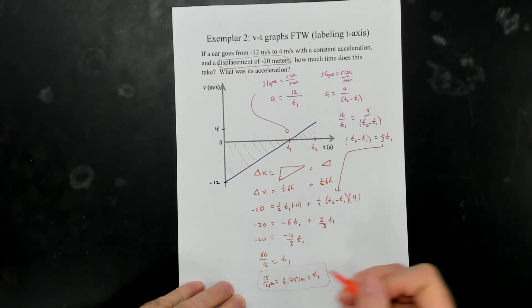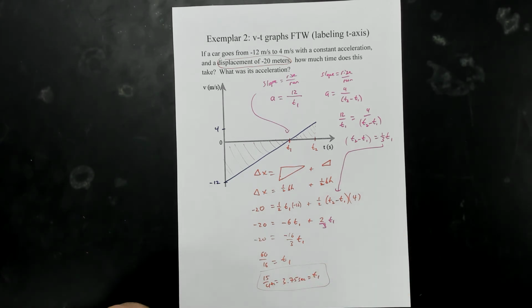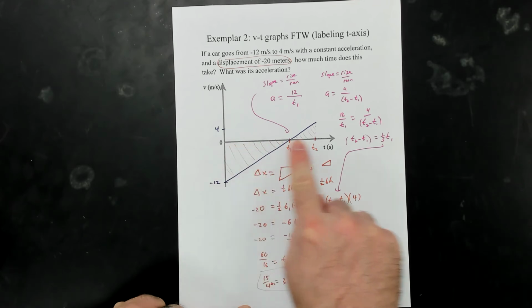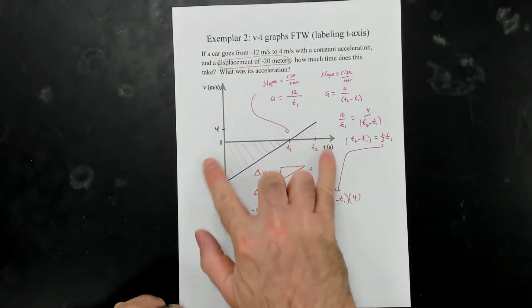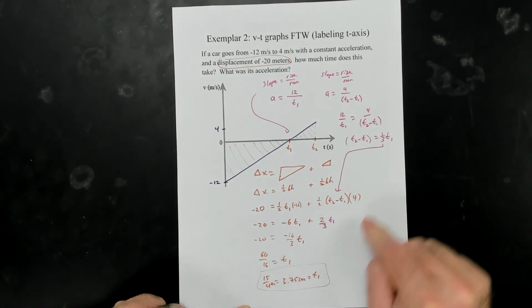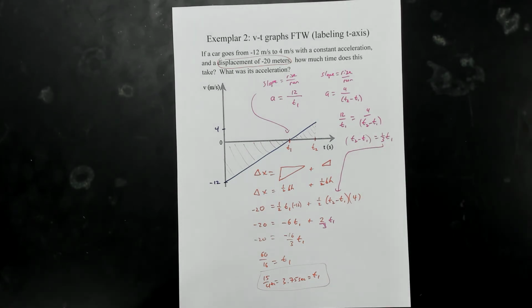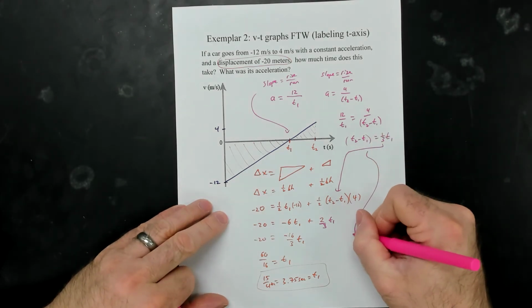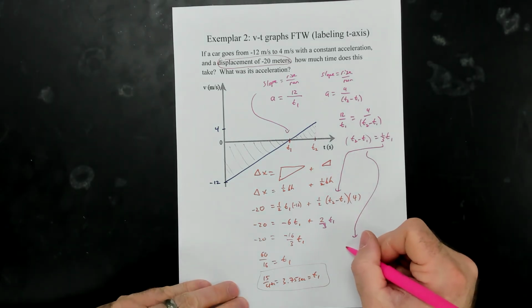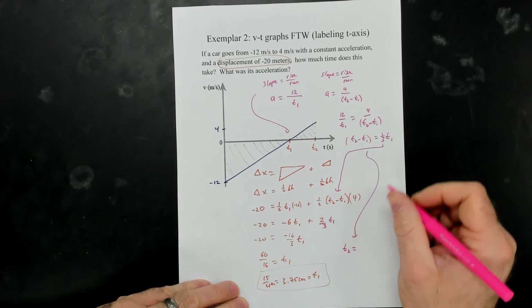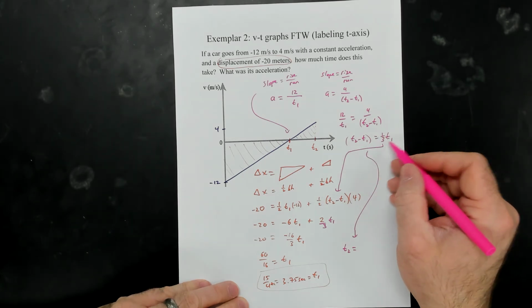Alrighty. Hey, that's not what I'm trying to find. I'm trying to find this whole time, T2. I can take this value for T1 and put it back in here, right? Here, I'll just go ahead and rearrange that. T2 then would be, I'd add a T1 over. It's 1/3 T1 plus another T1.